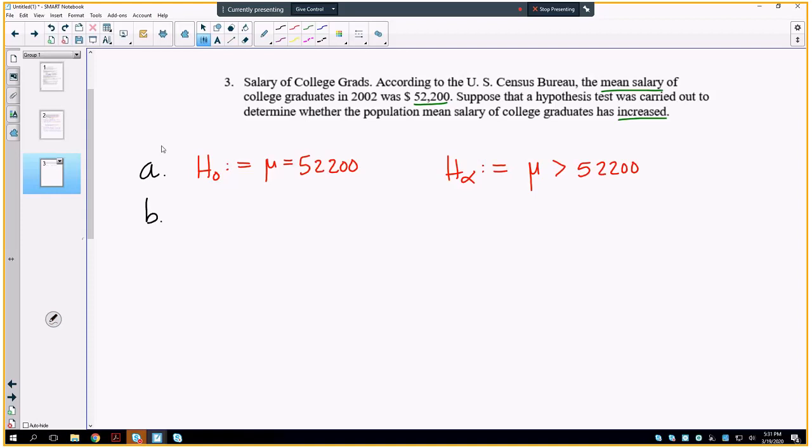Then the next thing it wants us to do is describe how can we be correct in the context of this problem.